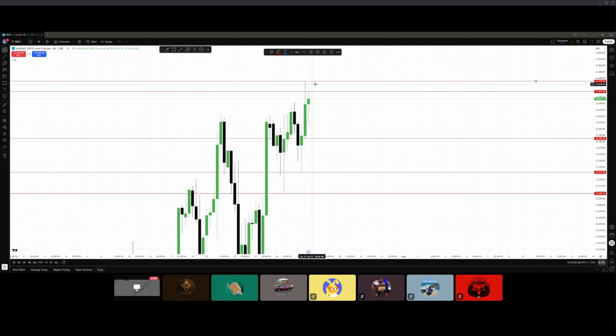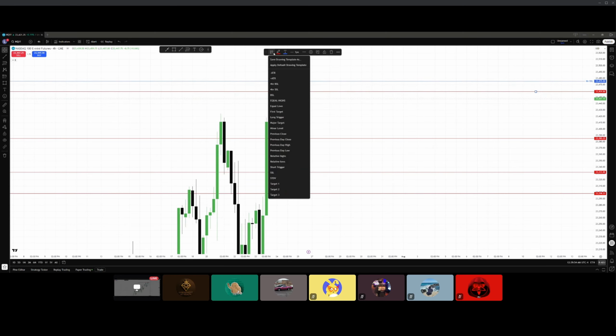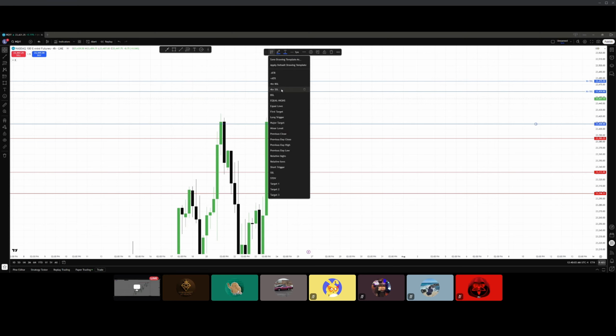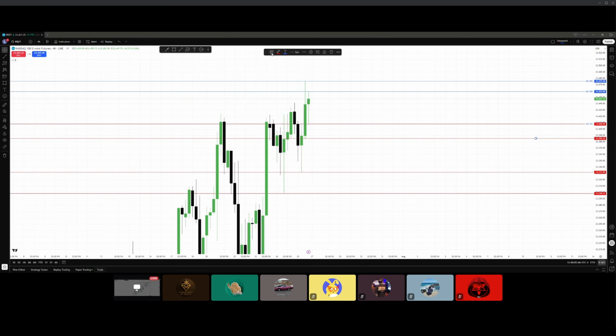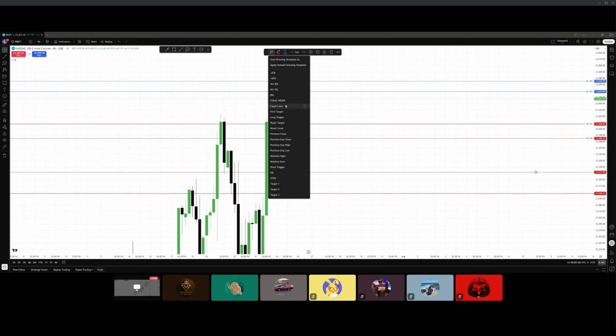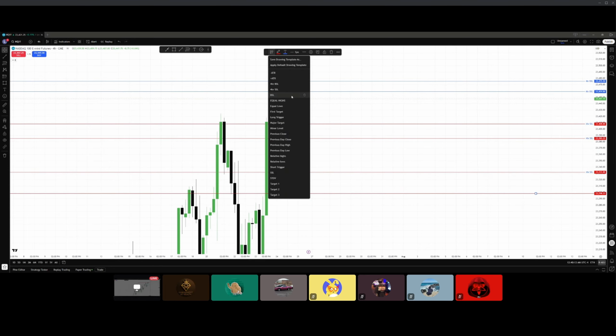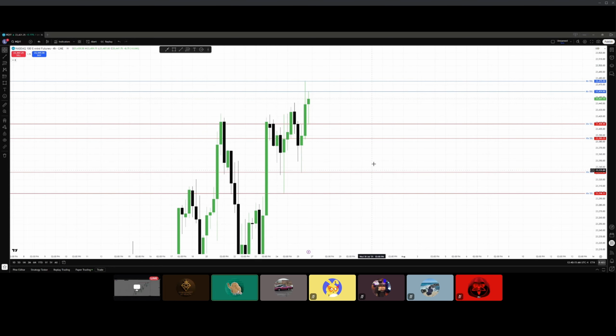So that's 4 hour buy side liquidity. We do got some sell side right here actually too. All right, cool. So we got these areas marked out.